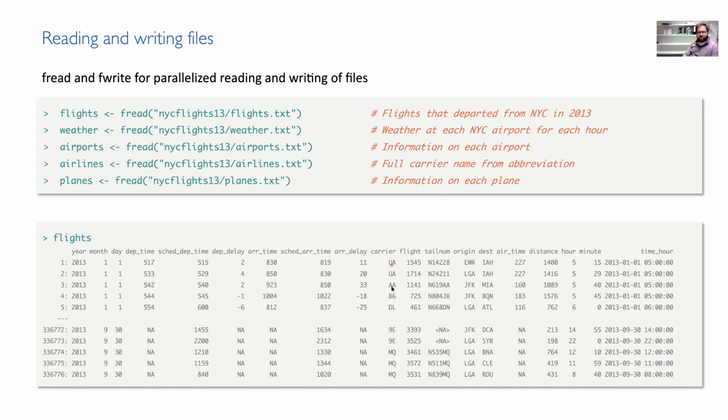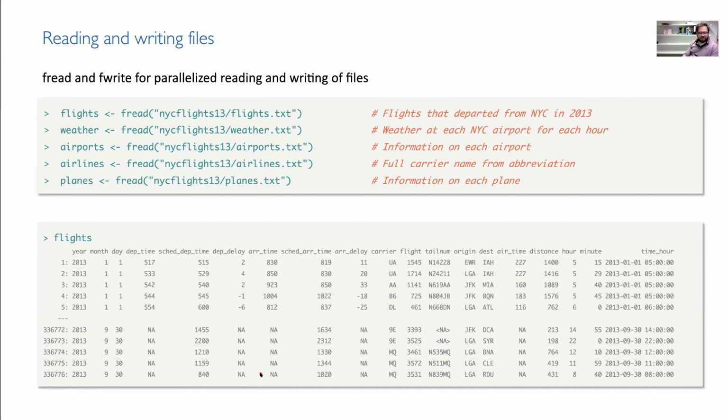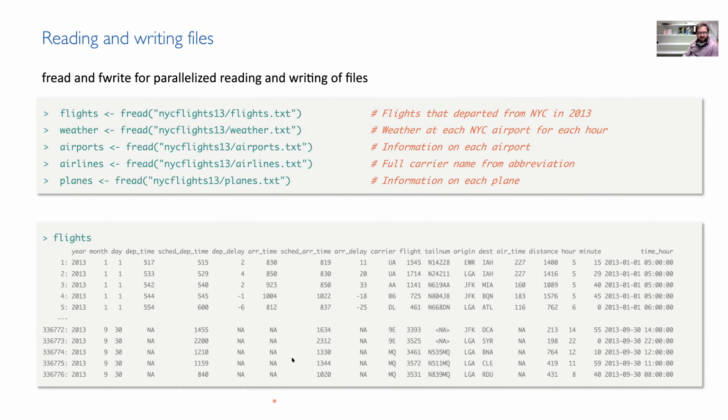We have here carrier, flight numbers, the tail number of the airplane, and so on. Origin, destination, and so on. And we have a timestamp here, a time signature of when this flight actually took place. Now, let's go to RStudio and see how this looks like.